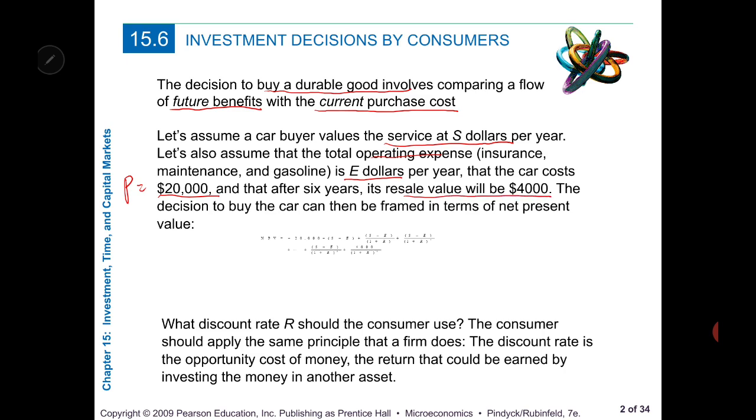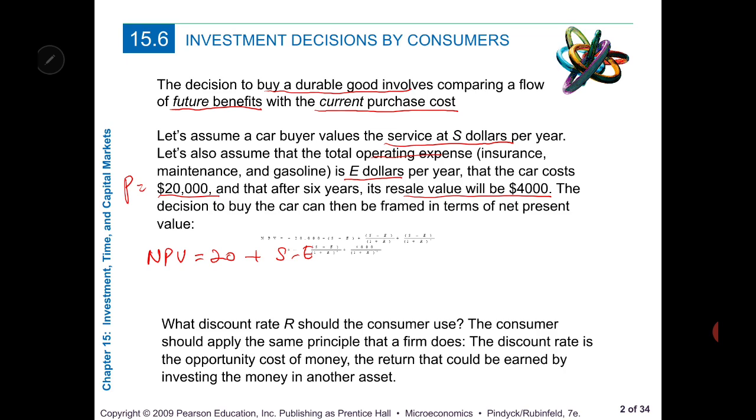So let's frame this on the NPV as the price just now, 20K, plus the first year: the service minus the expenditure, since this is the year that you purchase it.